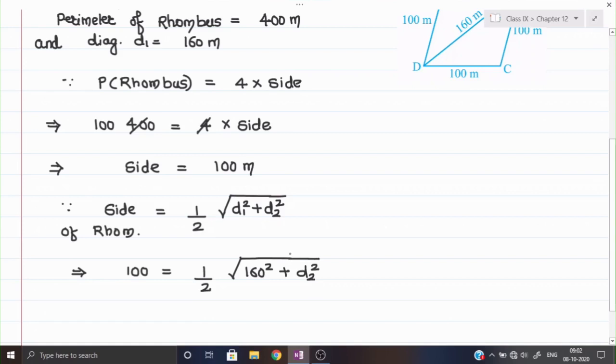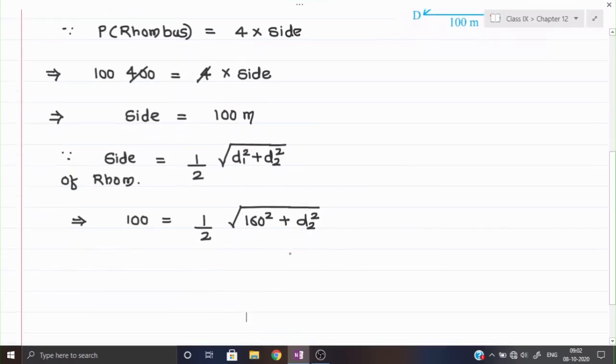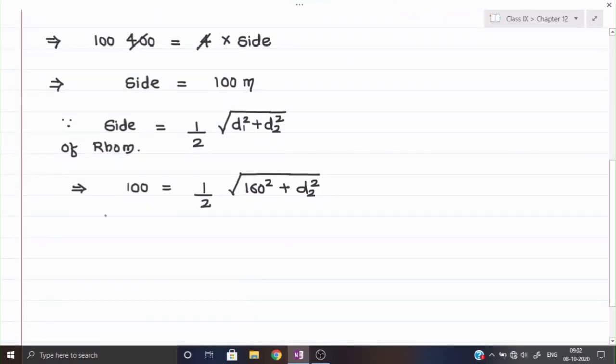Now I am transferring 2 to the left hand side, where it multiplies with 100. So we get the equation 200 is equal to under root of the square of 160, which becomes 25600, because the square of 16 is 256 and 2 zeros come, plus d2 square. Now to remove the square root, we shall square both sides.